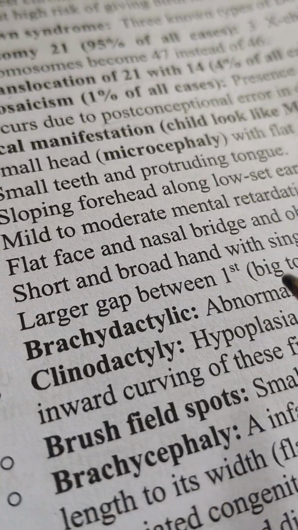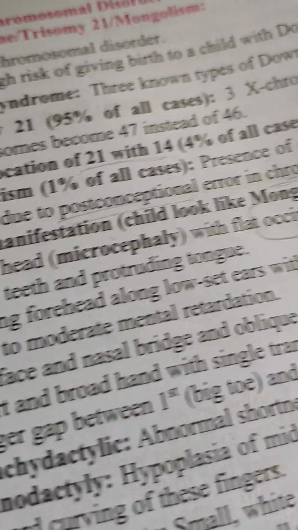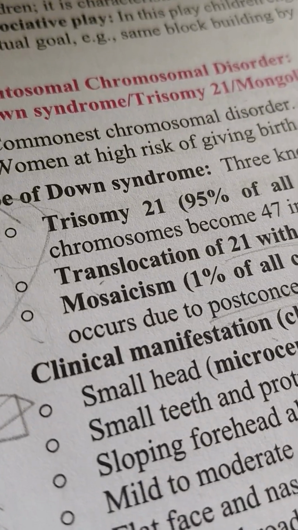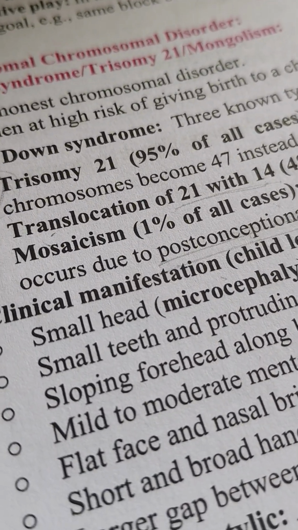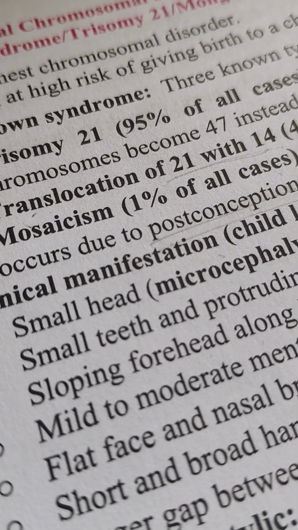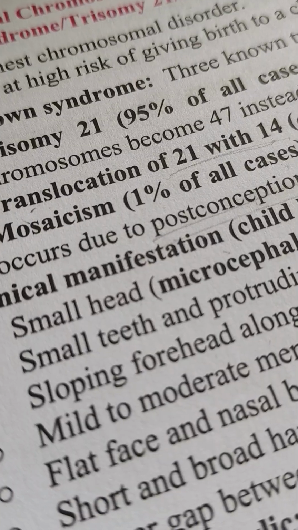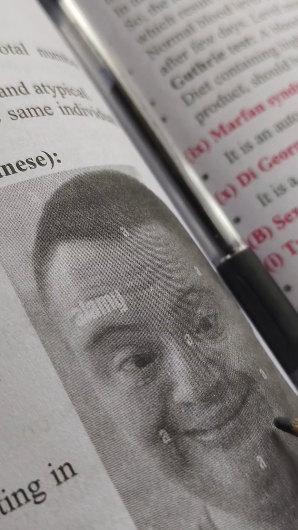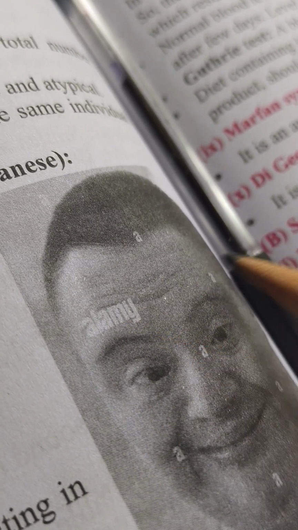Mild to moderate mental retardation. So there is small head, small teeth and protruding tongue, there is mild to moderate mental retardation, and there is low set ears.